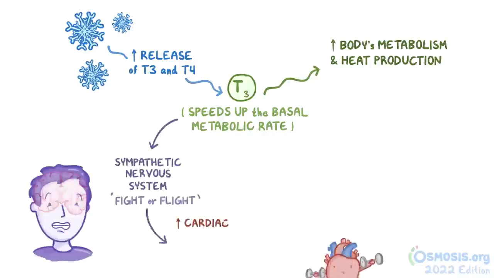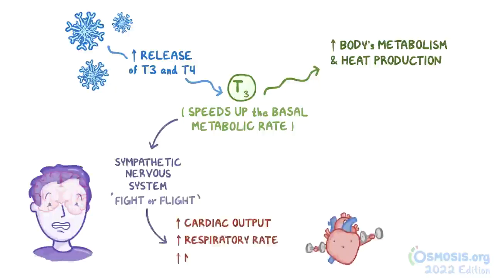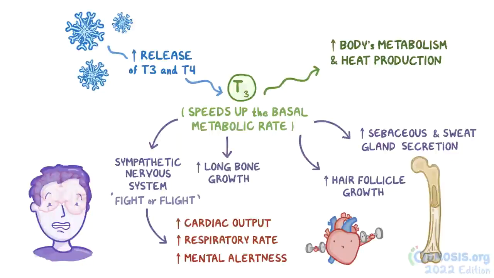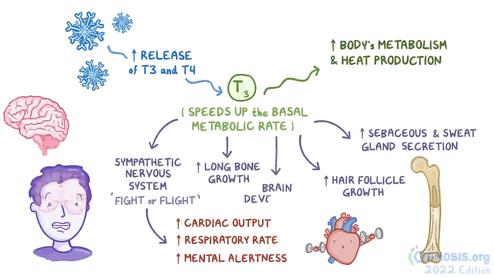This increases cardiac output, respiratory rate, and mental alertness. Thyroid hormones are also involved in increasing sebaceous and sweat gland secretion and promoting hair follicle growth. They also have a very important developmental role. They work synergistically with growth hormone to promote long bone growth, and are necessary for normal brain development.